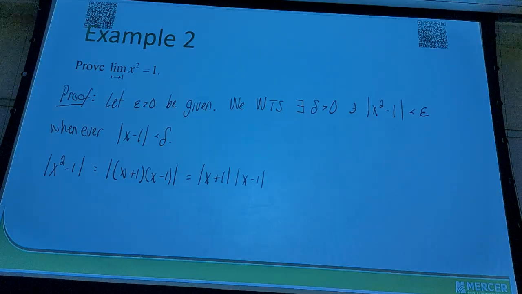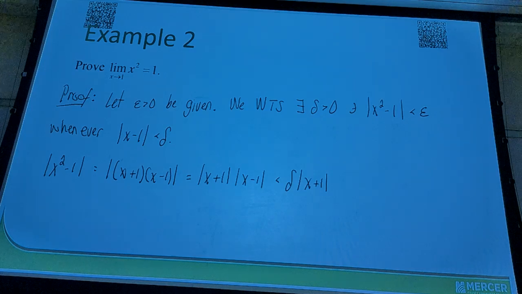Absolute value of the product is the product of the absolute values. But the absolute value of x minus 1 is less than delta. We have a problem right now.